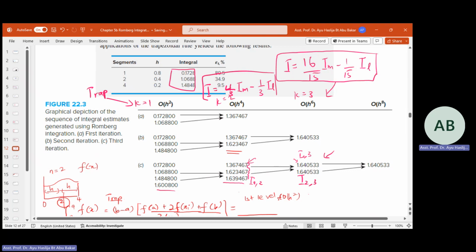Level 2 is this equation. So moving to level 3, you use the third level equation, where this one actually is from the Romberg equation just now.